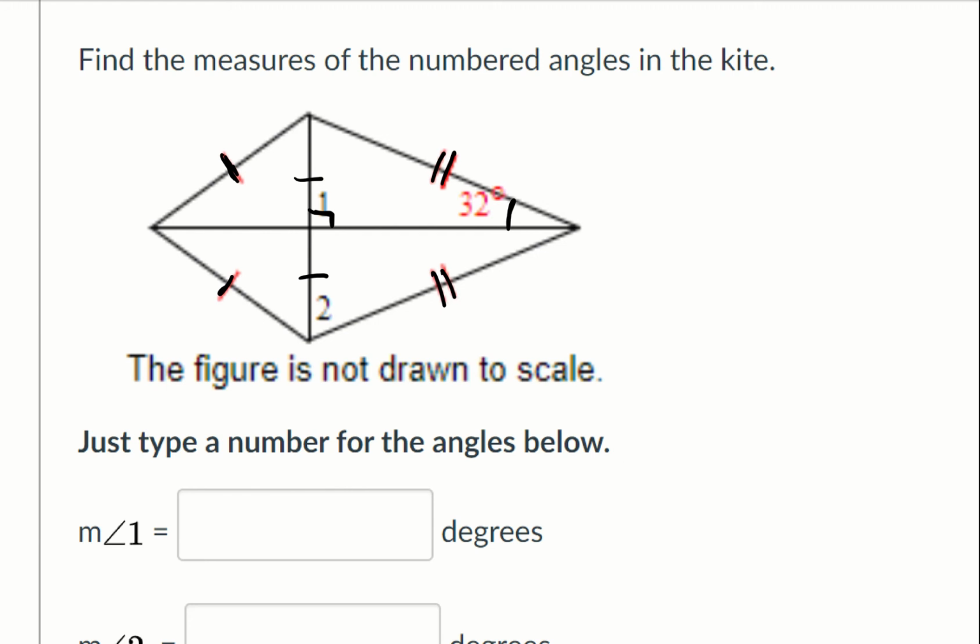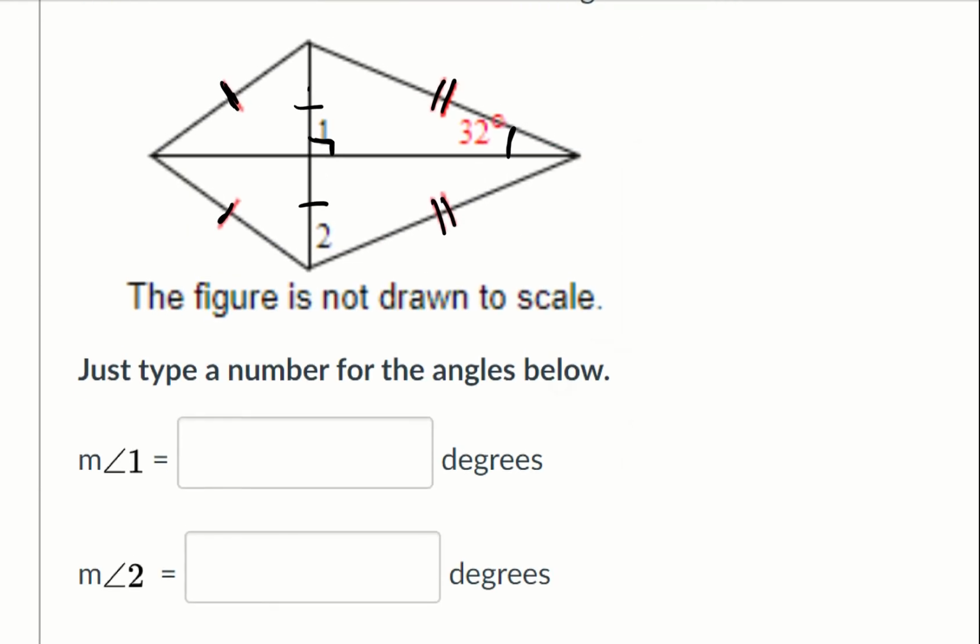And so then let's go ahead and find the angles. Because this is a right triangle, we should be able to find the angles here. So angle 1. Another thing you need to know is that if this is 32 degrees here, then this is 32 degrees as well. So this major diagonal here is actually an angle bisector.